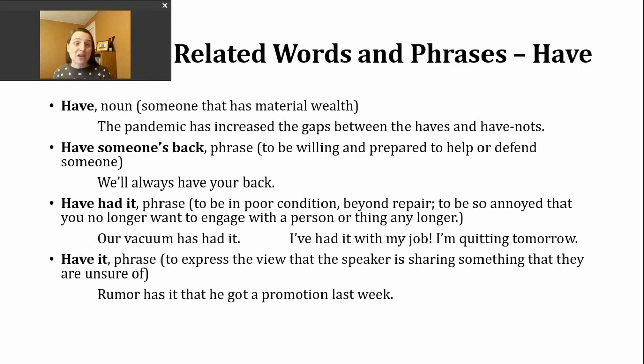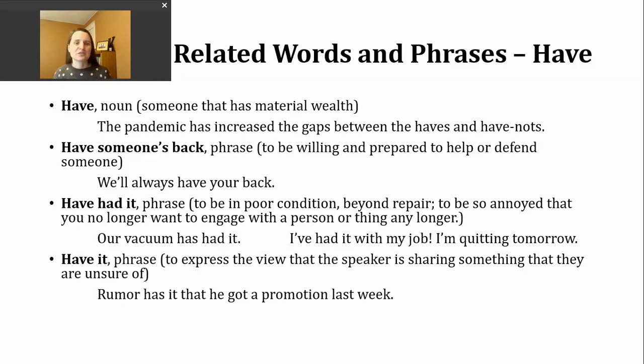Another phrase that you might hear with have is to have someone's back. And I'm going to point out, this is a little different than the phrasal verb we looked at before. So that was have someone back. This is possessive. So you might hear a person's name. We might see a possessive adjective used here.